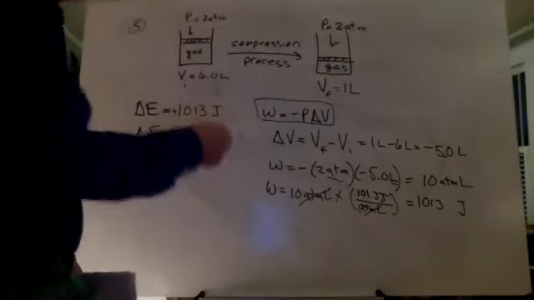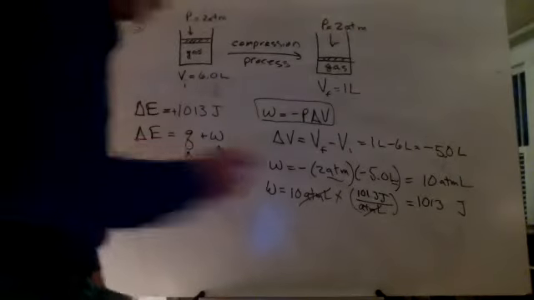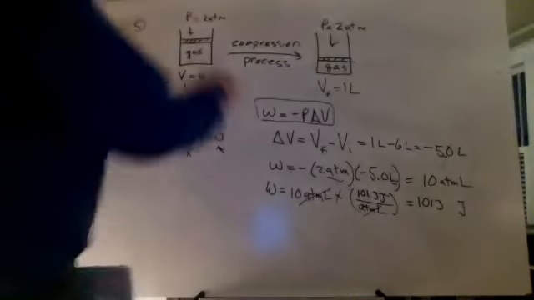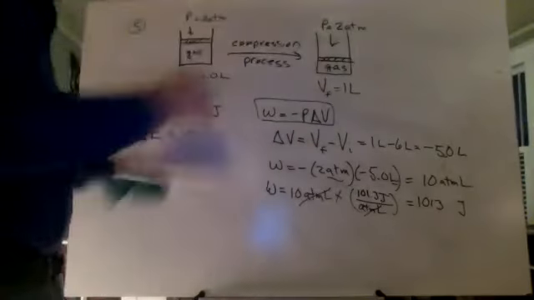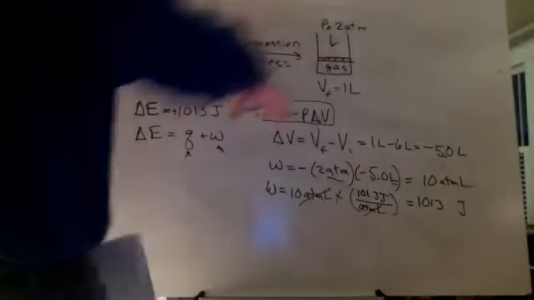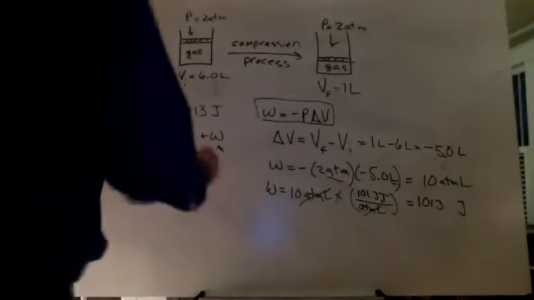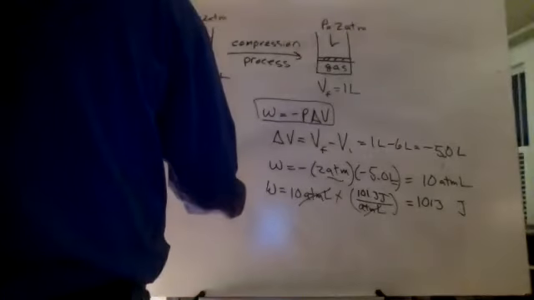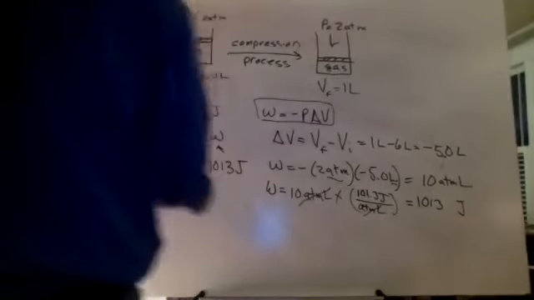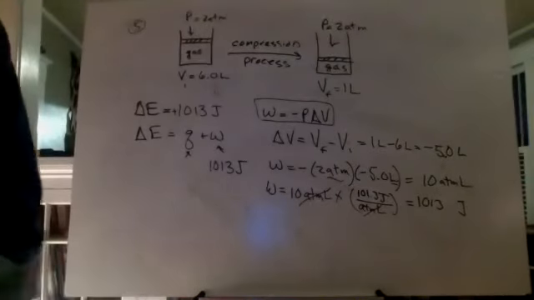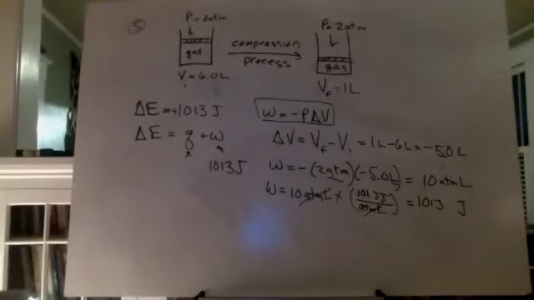And notice that it's positive. So that means that 1,013 joules of energy entered the system, and our system is the gas, through this organized motion of that piston pushing down on it. So that gives us W, which is 1,013 joules. What must Q be? How much energy was transferred in or out of that gas in the form of heat?